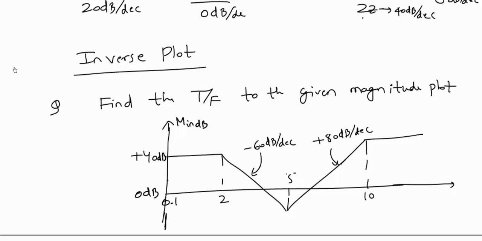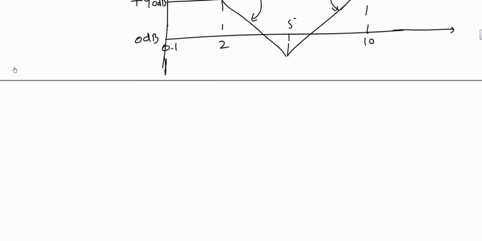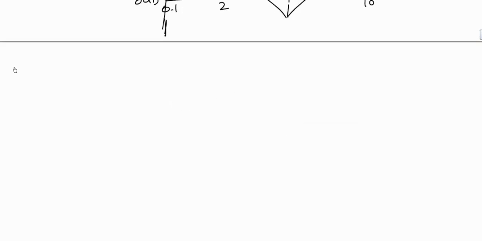Now from this given Bode plot, we have to determine the transfer function. So how will I determine the transfer function? There is a procedure, with certain steps. First step is we have to observe the initial slope.